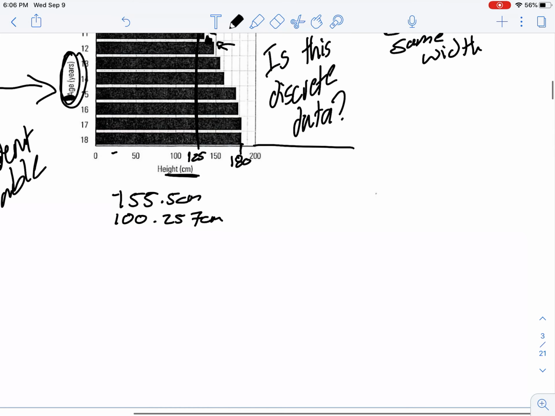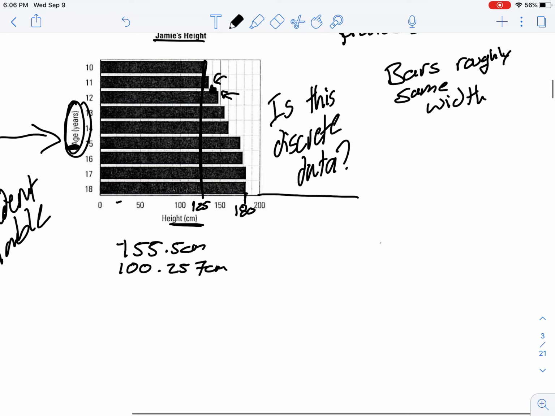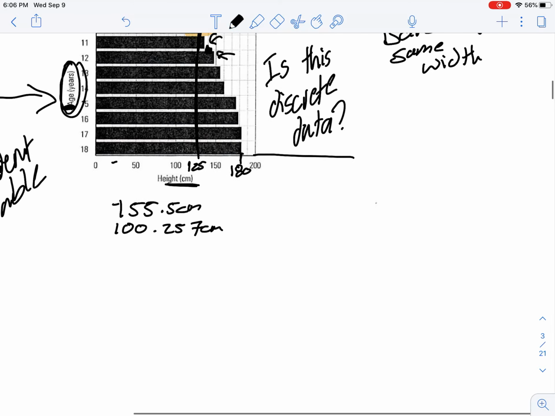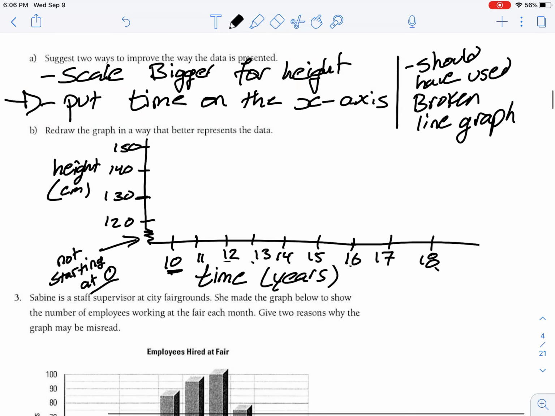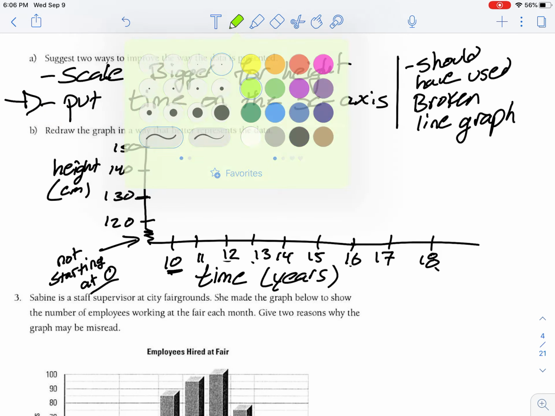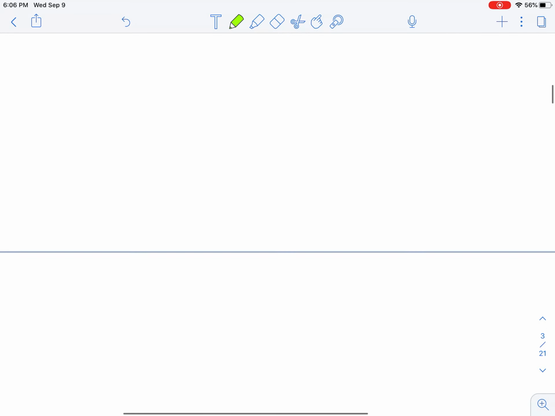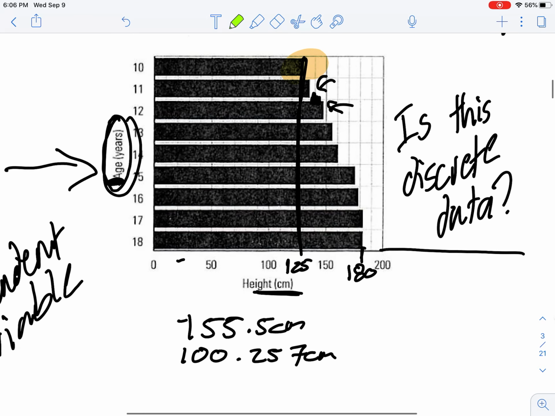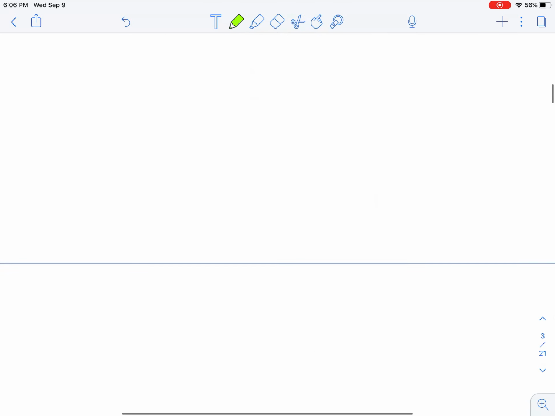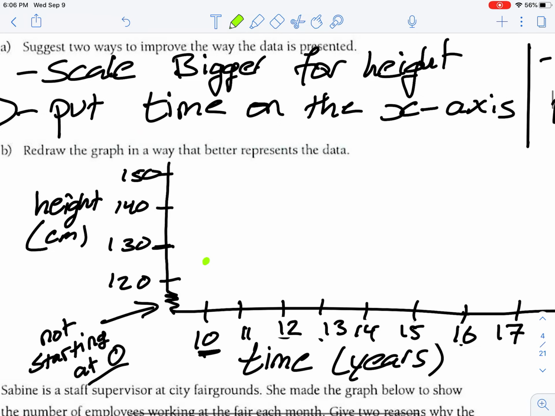Okay, now we can start plotting our points. So when he is 10 years old, he is roughly 125 centimeters. So let's plot that point. How about when he is 11 years old? At 11 years old, he grew to probably around 130 centimeters.